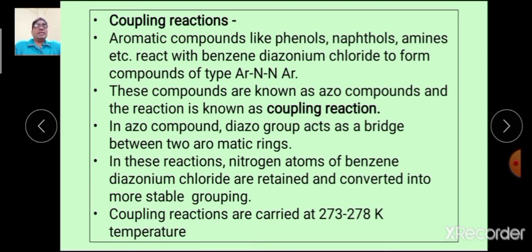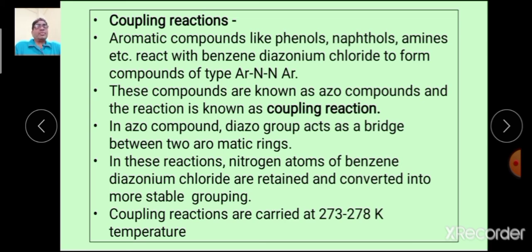Here in azo compounds, the diazo group acts as the bridge between two aromatic rings. In these reactions, the nitrogen atoms of benzene diazonium chloride are retained and converted into a more stable grouping.